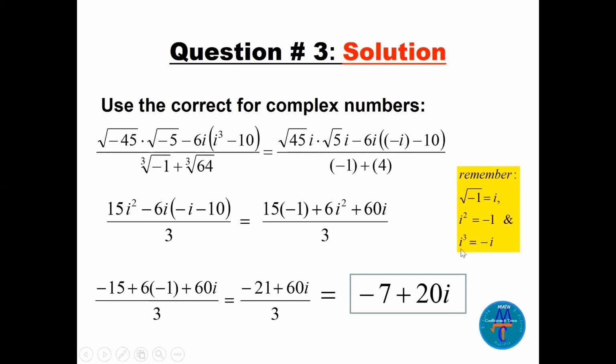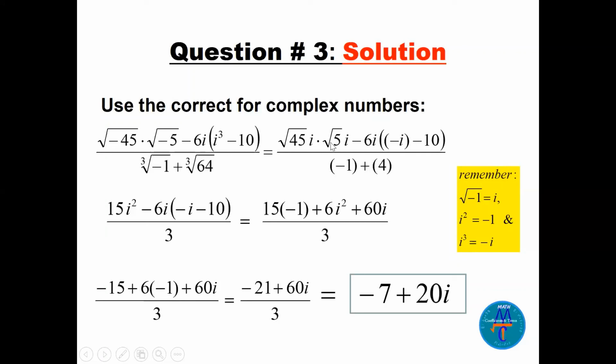i cubed, you can see here in the yellow, i cubed is minus i, because i squared is minus 1. If you multiply this on both sides by i, you get i cubed. You see here i cubed, I put minus i, minus 10. Then I multiply. i and i will be i squared. Square root of 45, this is 9 times 5. So 3 out.